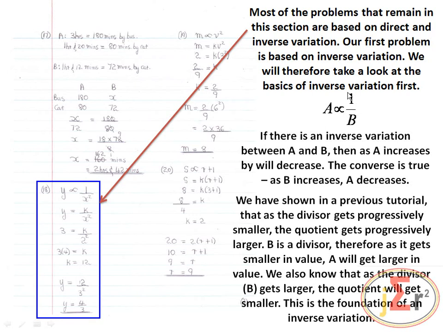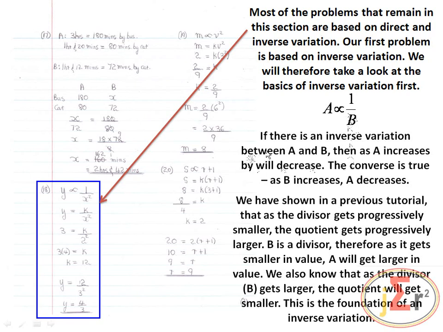We also know that for an inverse variation, as A increases, B decreases, and as B increases, A decreases, because as a matter of fact A is related to the reciprocal of B. So let us say that we are dividing by B. If the value of B gets larger, the answer will be smaller.